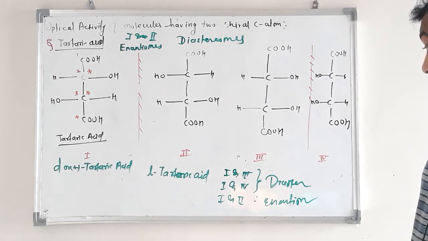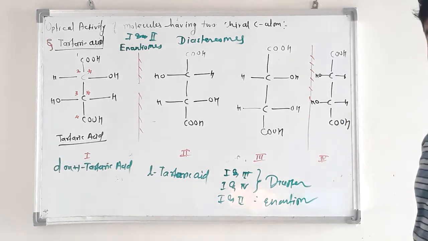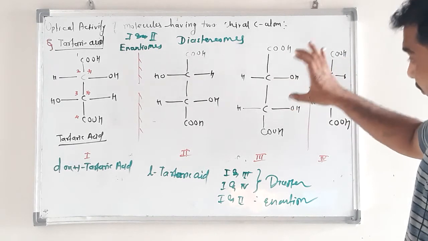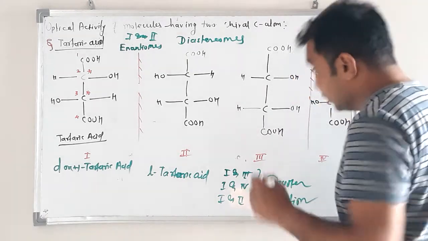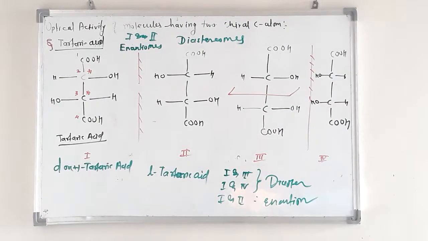Now, are 3 and 4 the same or different? Is 3 optically active or inactive? See, this particular structure 3 contains a plane of symmetry. It possesses one plane of symmetry.